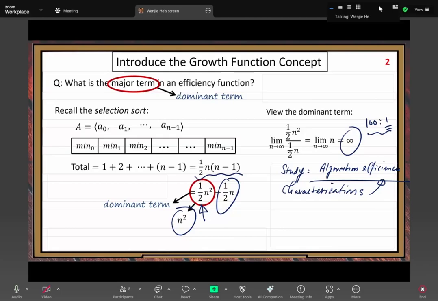So what is a good way? First, we want to make the category big enough. Not too small. For example, if you put a category n plus 1, the difference is too small. Too small, you're putting two different categories.